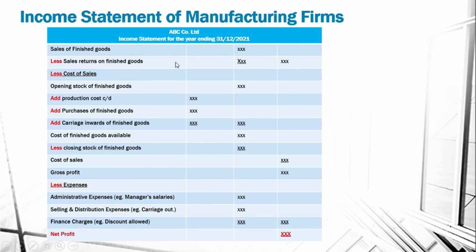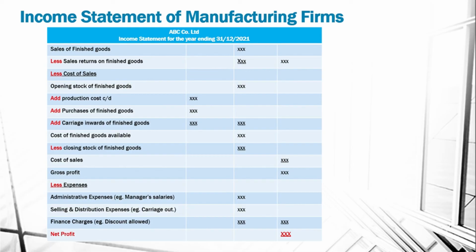So this is the format for the income statement for a manufacturing firm. It's really similar to what you have been used to, so there is basically no difference. The only difference you can see so far as it relates to the trading account, and for those who may not know, if you have not yet watched my video on income statement, you need to go and watch it. But this part up here, from sales to gross profit, is what we call the trading account.